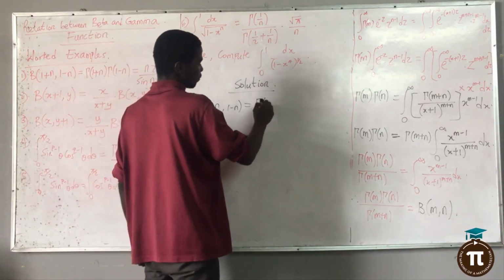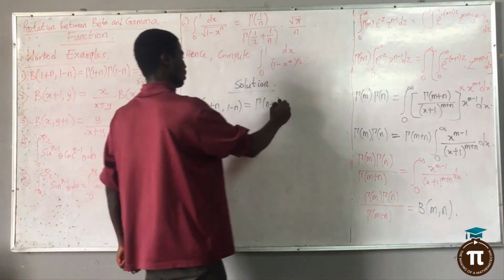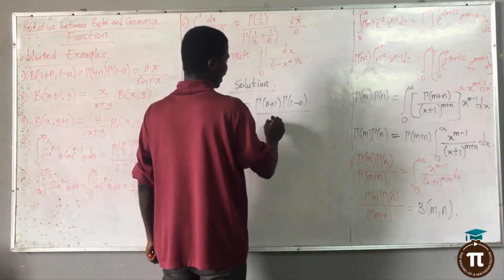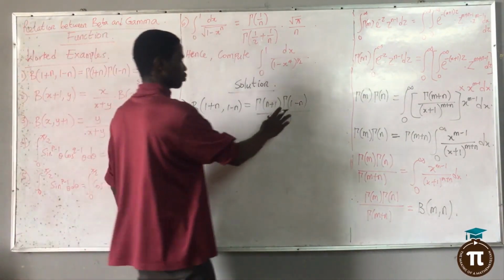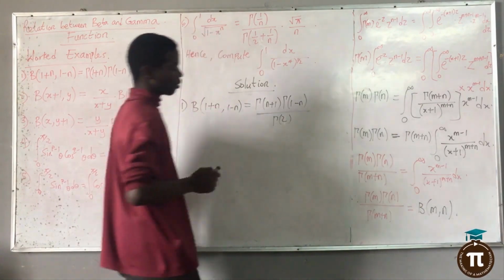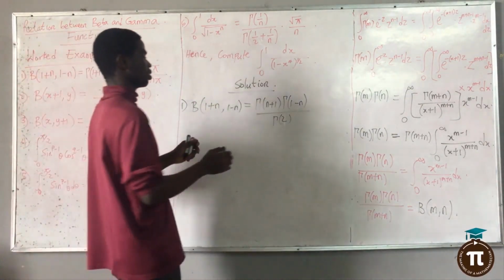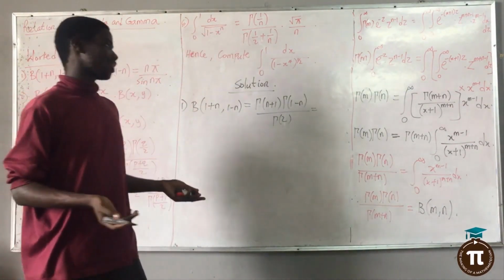This will become gamma of 1 plus n, gamma of 1 minus n, all over gamma of 2, because 1 plus n plus 1 minus n is equal to 2. So gamma of 2 is 1 factorial and that's 1.